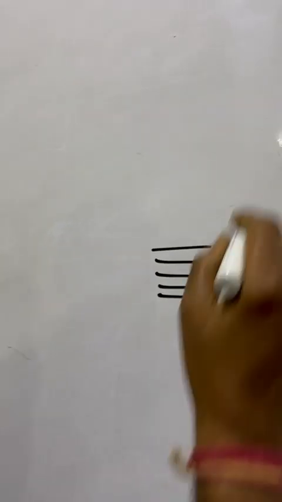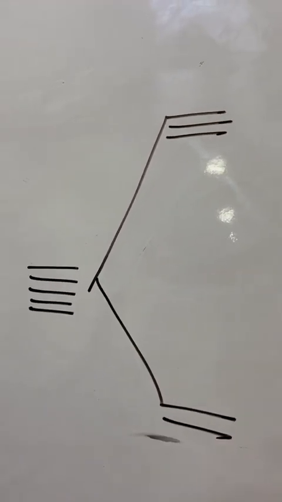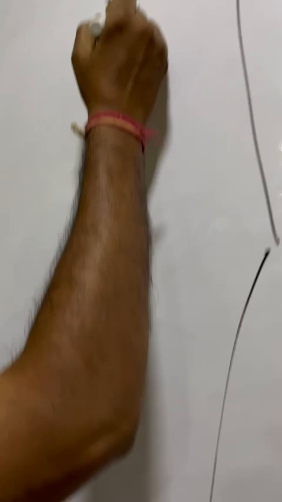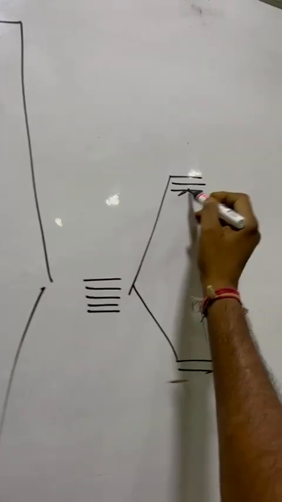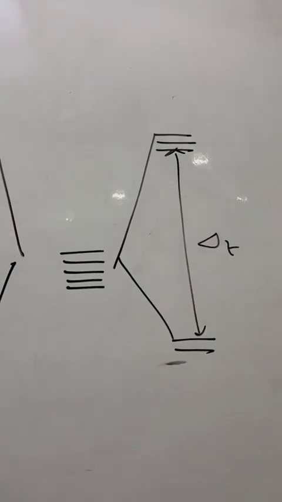So if I talk about the splitting of the d orbital, in a tetrahedral splitting, the splitting is like this, and the octahedral splitting is opposite but bigger. This is your delta octahedral, this is delta T, simply because of the approach of the ligand.